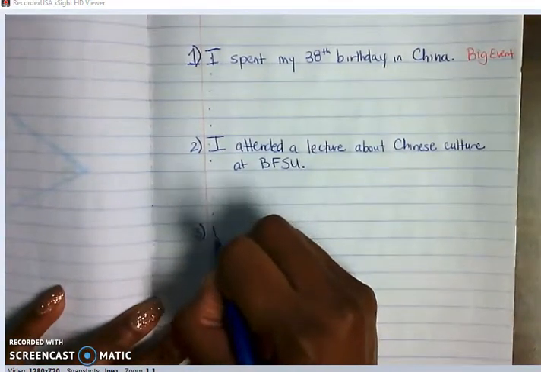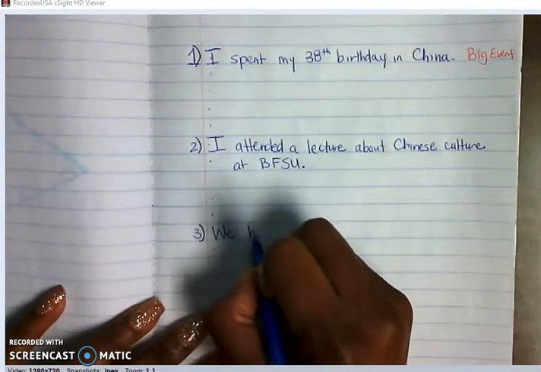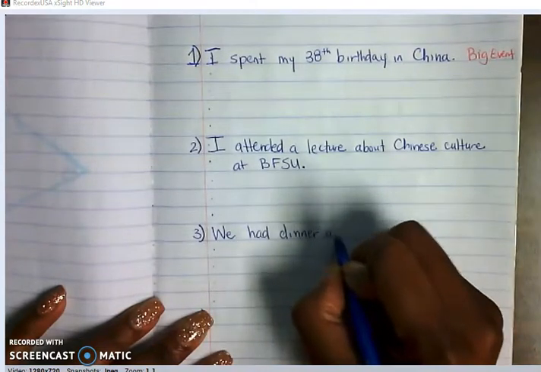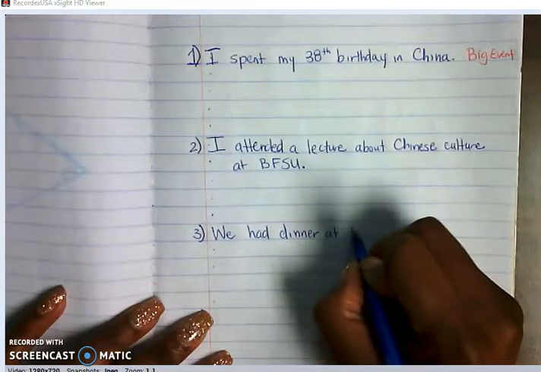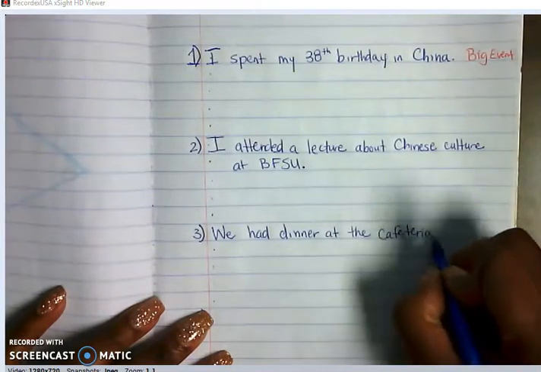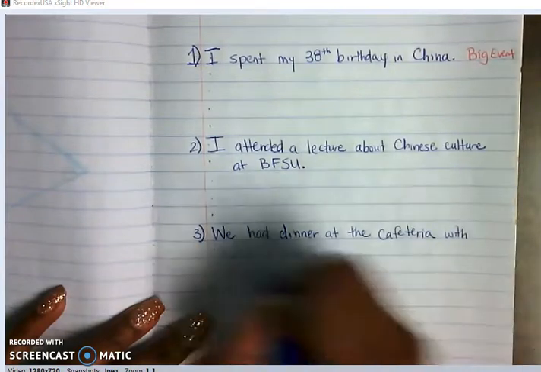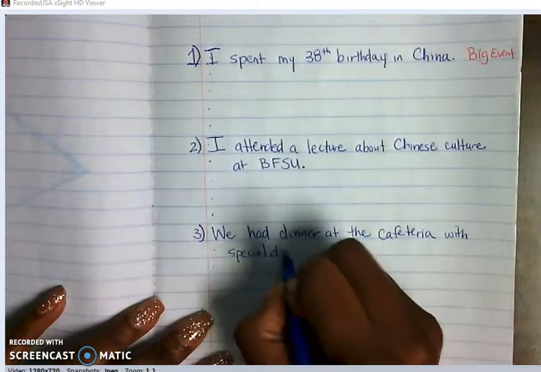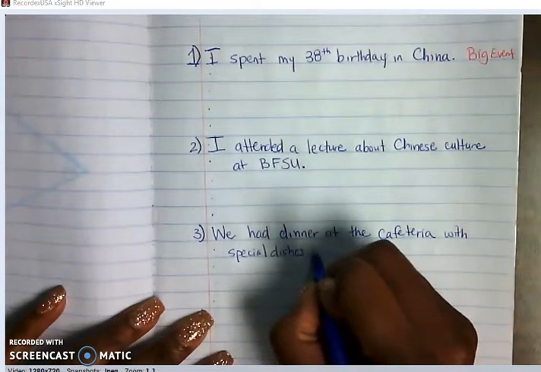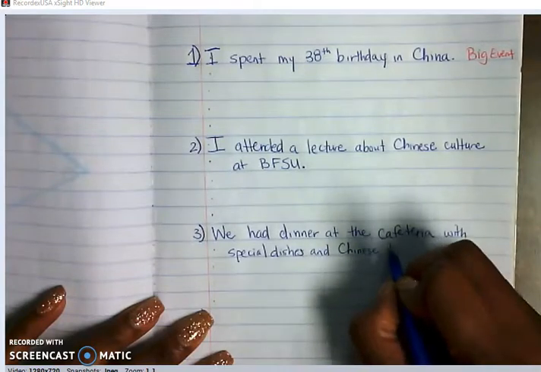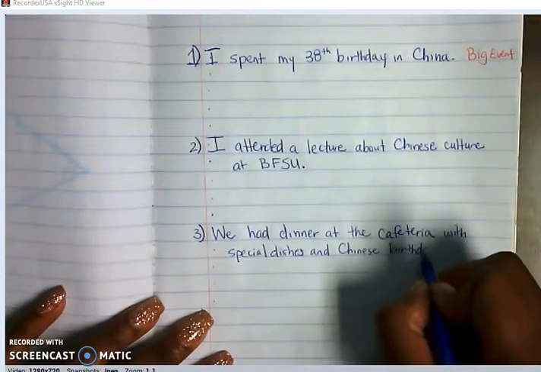During that time, during my party, we had dinner at the cafeteria with special dishes and Chinese birthday cake.